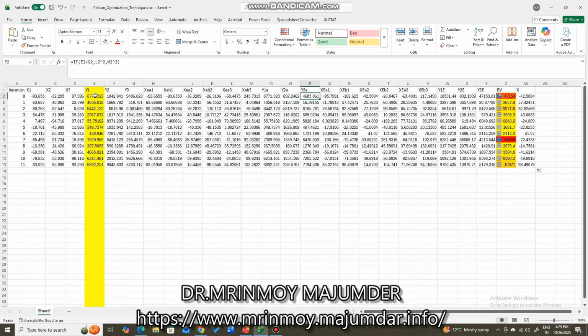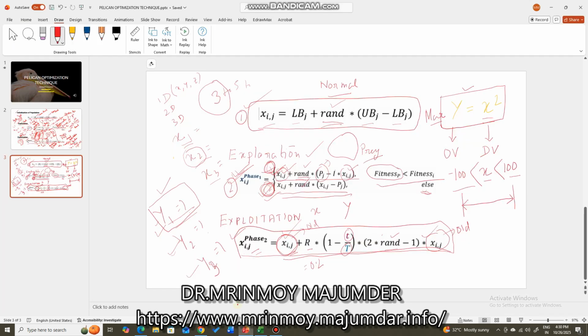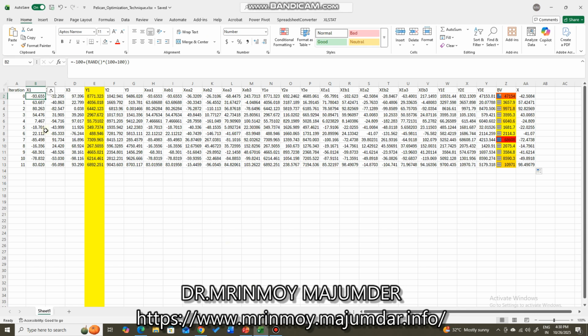Now you see, I have used the formula for the initialization of the population, right? This formula is used here: lower bound plus random function multiplied by upper bound minus lower bound. As the lower bound is minus 100, minus minus becomes plus. I think it is clear.